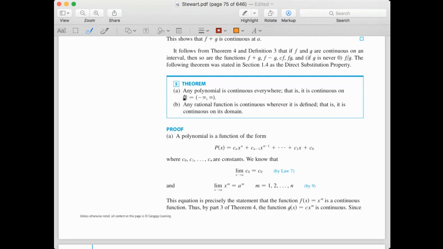All real numbers. This double-struck R represents from -infinity up to infinity. So this is interval notation. Why do we not use brackets? Because infinity is not a number. It's a concept, an idea. So we use an open interval. Any rational function is continuous whenever it's defined. All right. Whenever the denominator is not 0.